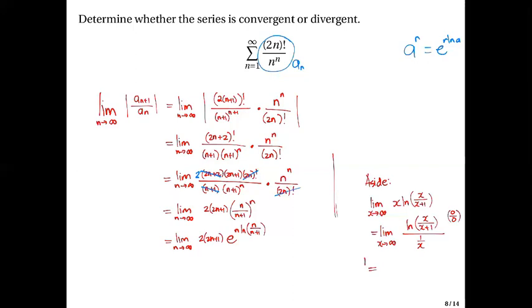So L'Hopital's rule: this is equal to the limit as x goes to plus infinity of 1 over x over x plus 1, times the derivative of this guy. Low derivative of high minus high derivative of low, over low squared.